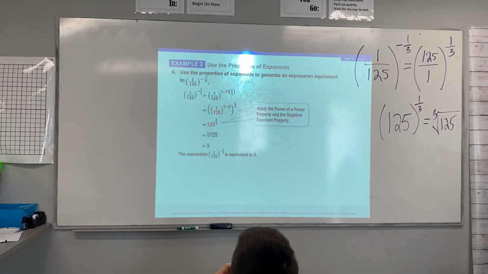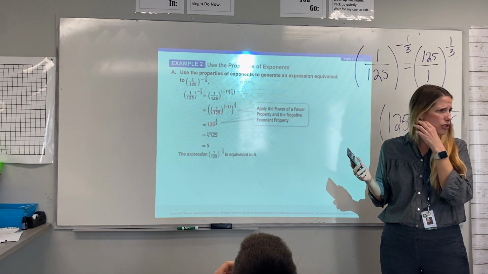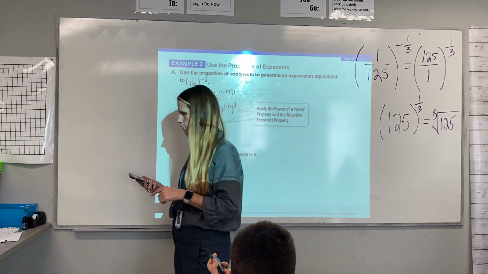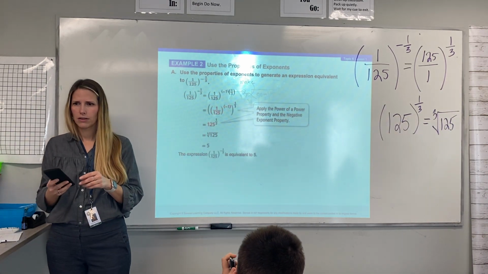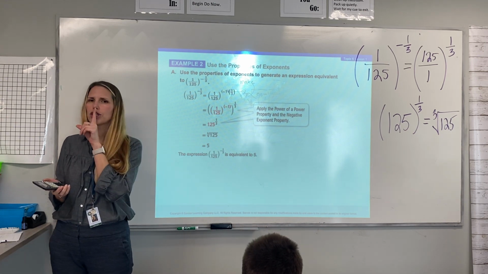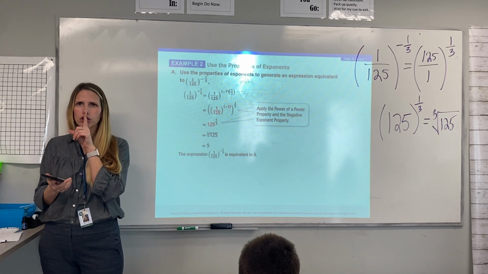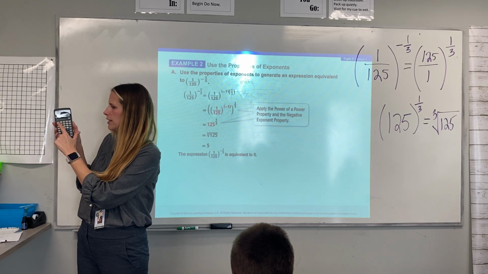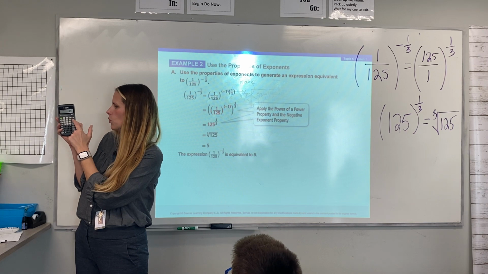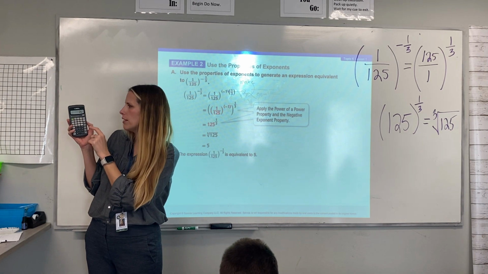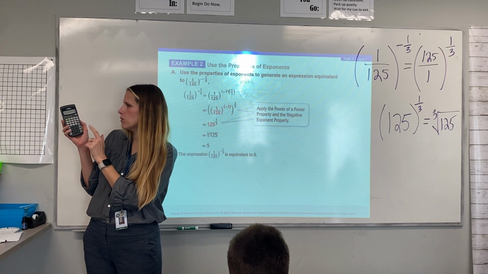Are you okay, Lily? Miss Light, it's not working for me. See, look, I just went to 5, I pressed the y. Nope. You gotta go to the second function first. 125, second function. Then the y to the x power button, which is not the actual function that we want, but the one above it. Then you put in 3 for your root.